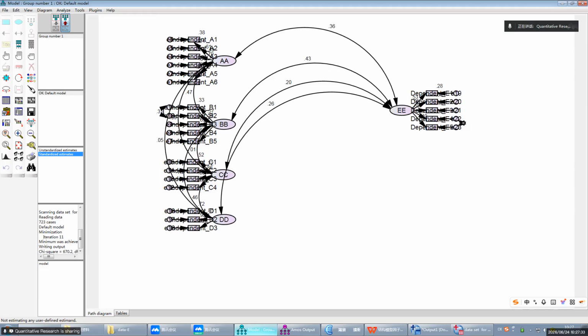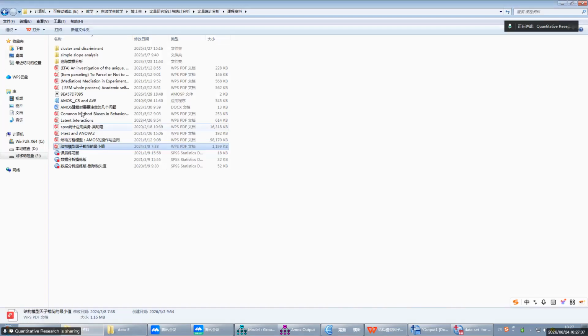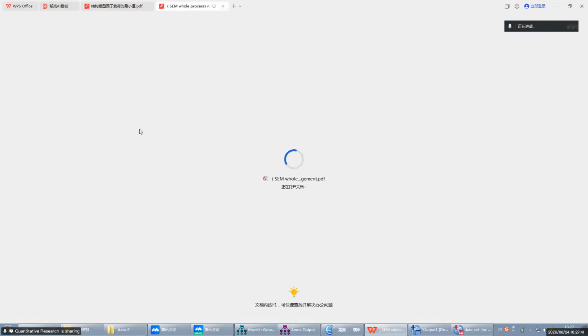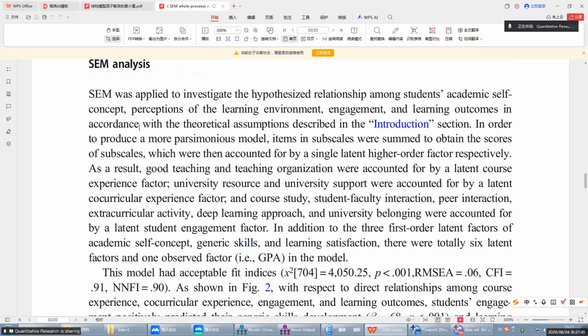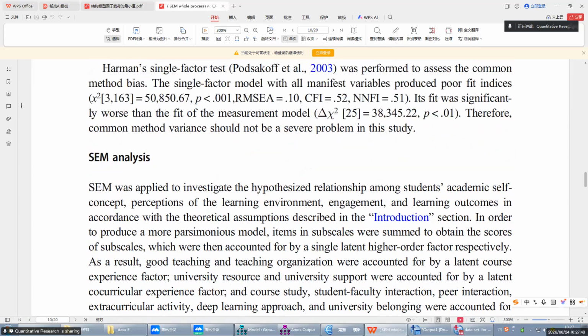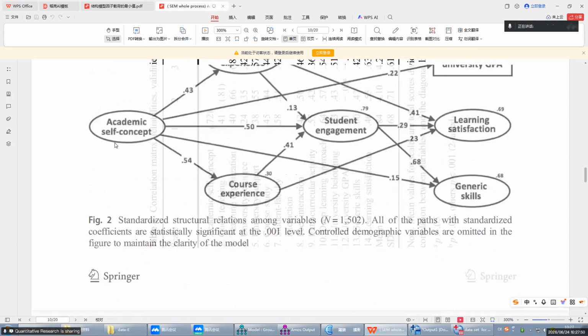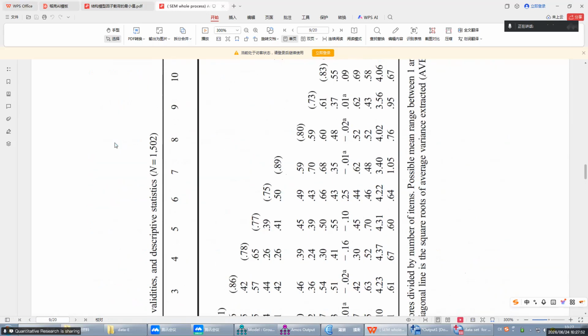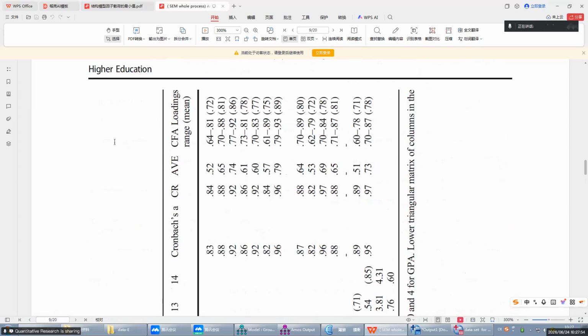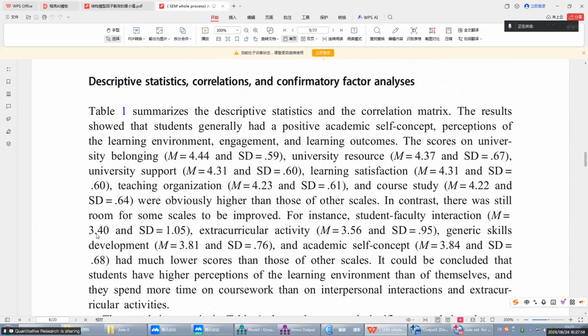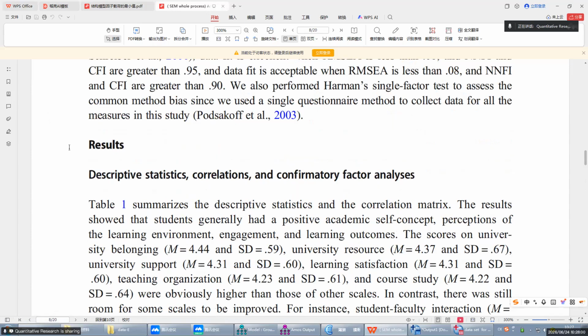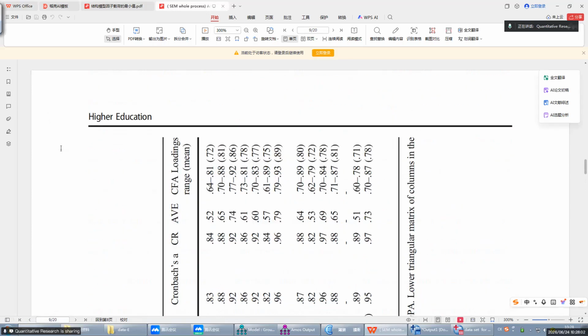So I give you one example to illustrate this. Here you can see, okay, now you can see this is the result, right?